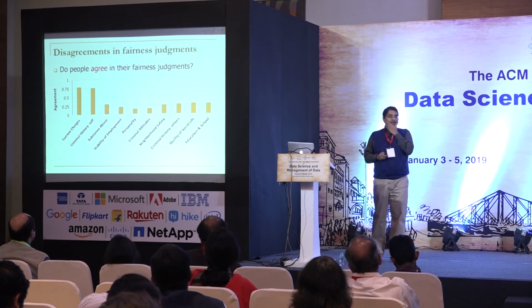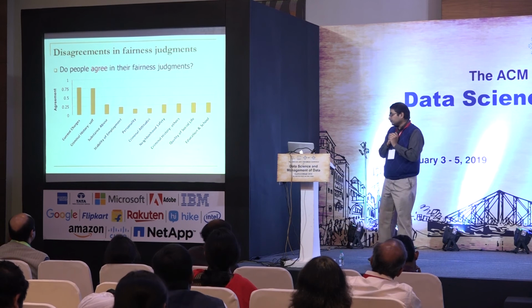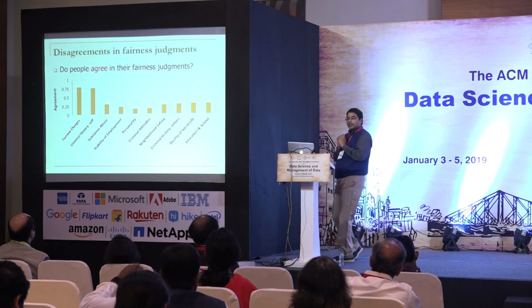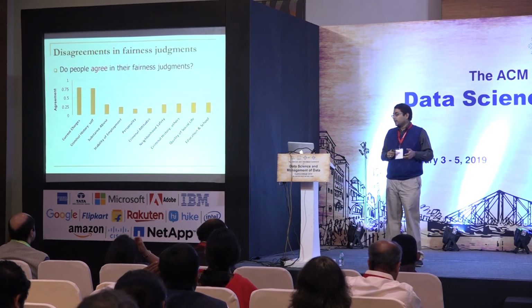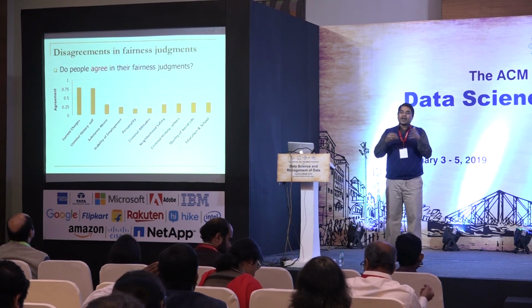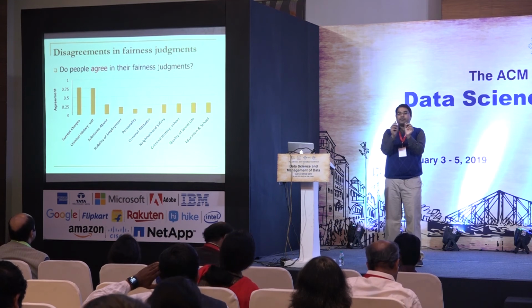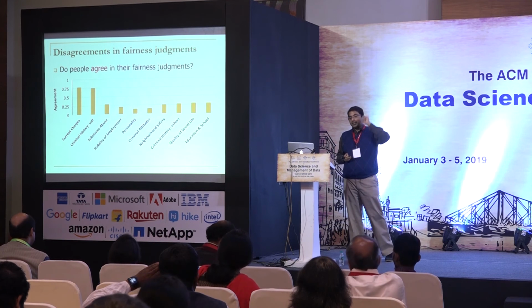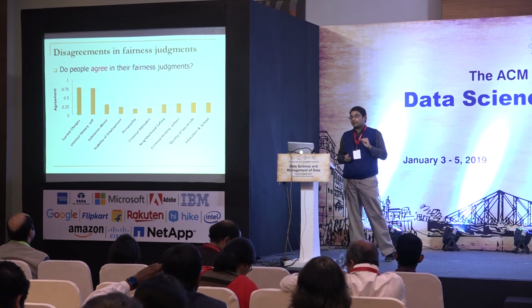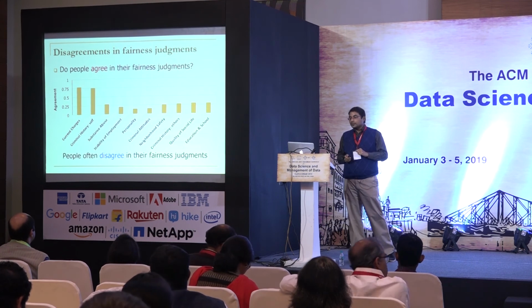So for instance, what I'm showing here, once again along the x-axis, are the 10 different topics. And along the y-axis is the agreement. The agreement is something that we measured as normalized Shannon entropy. Because people give responses from 1 to 7, an agreement of 1 means that everybody is agreeing, and 0 means that there is complete disagreement.